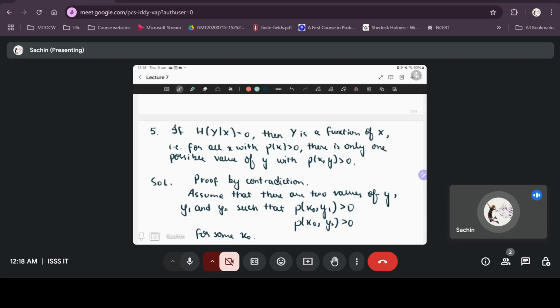So those are some problems based on the basics of entropy. These problems are based on properties that we studied at the very beginning of the chapter.